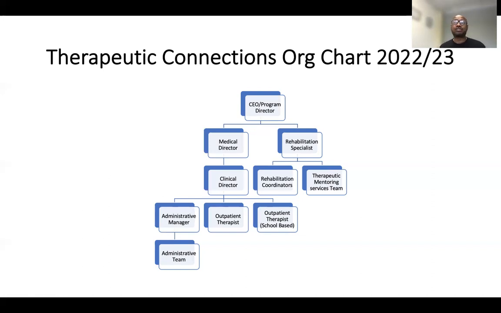Through the psychiatric rehabilitation program, we reinforce the skills that the clients are learning in therapy. For our youth, they're met once a week with their rehabilitation coordinators, for a total of 4 times a month. And for our adult clients, they're seen a total of 6 times a month.